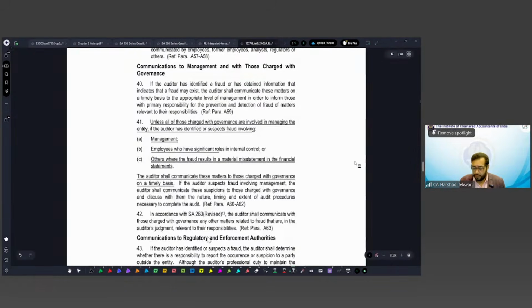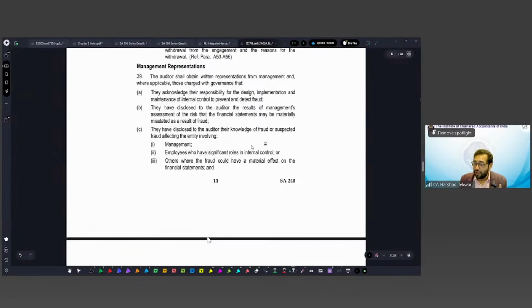But in a real scenario, there will hardly be a case where you can say that all those charged with governance are involved. You need to have the detail in your hand that all the management, all the TCWG people, are involved in this fraud, they know about it, and they have done it with intention.